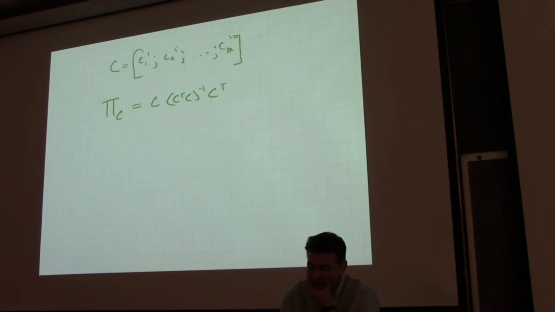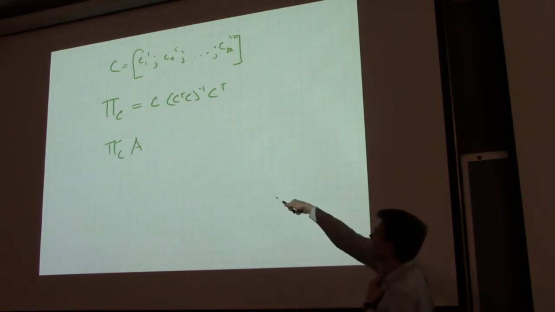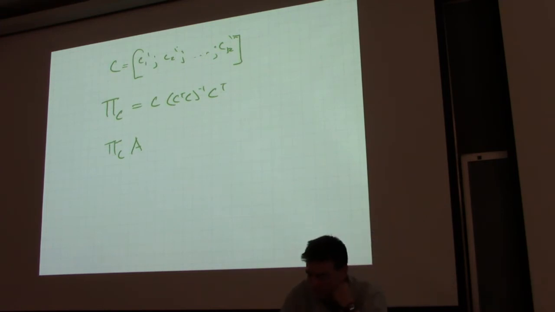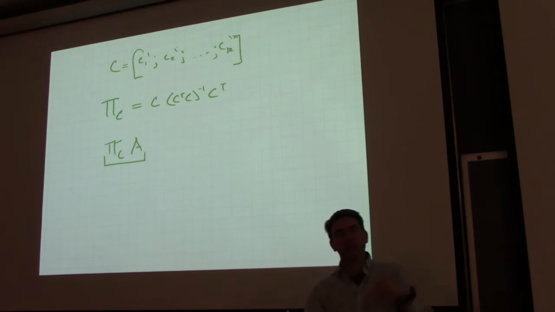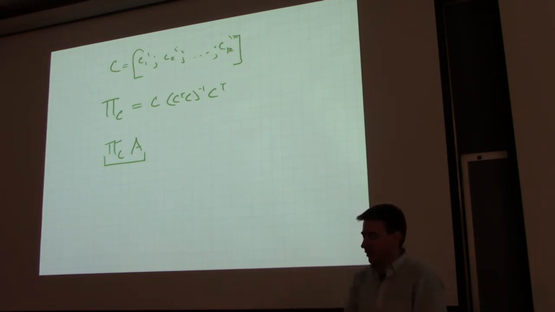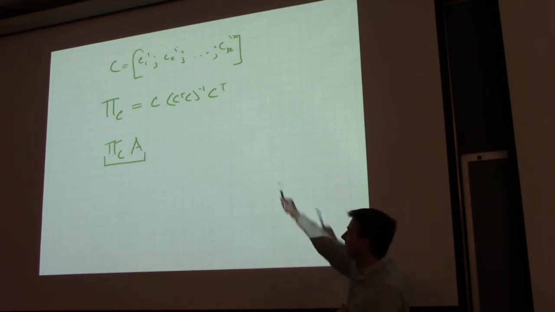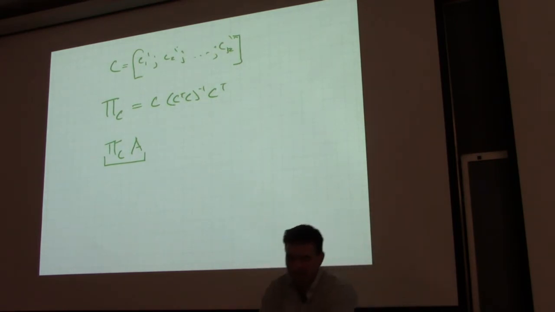So what I can do is the projection matrix times A. The result is still going to be an n by d matrix, but it's going to live on the subspace that C spans.